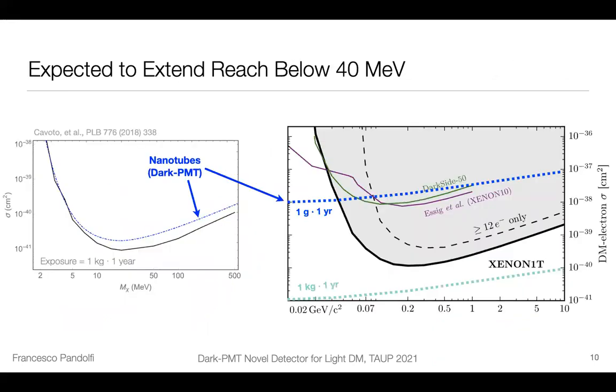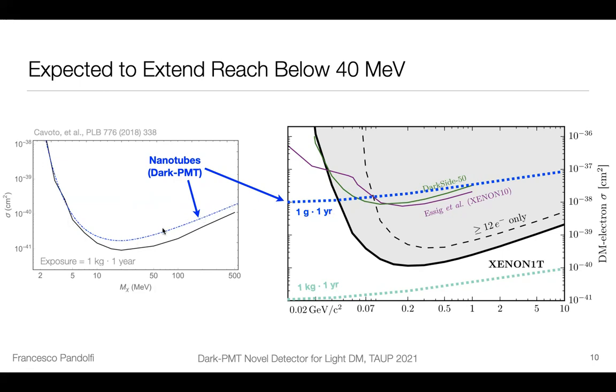And so being sensitive to such low energy recoils means that it would be practically unaffected by limitations due to minimal electron reconstruction thresholds. And so you can see that this is the expected exclusion cross section for an exposure. Well, this is 1 kilogram for 1 year, whereas here on the right you would have 1 gram for 1 year. This is the expected shape for nanotubes.